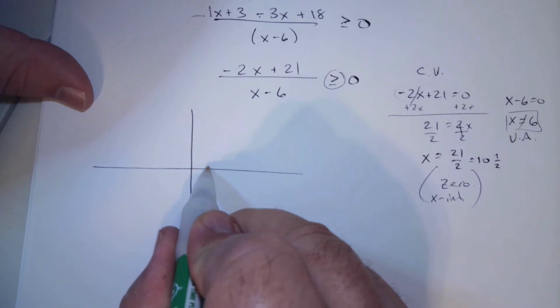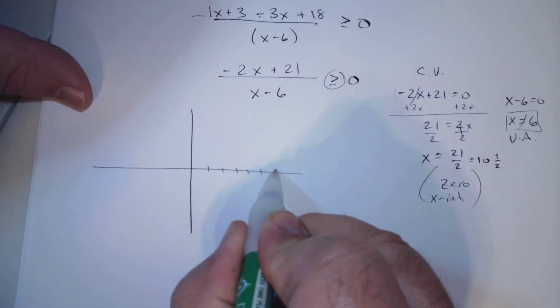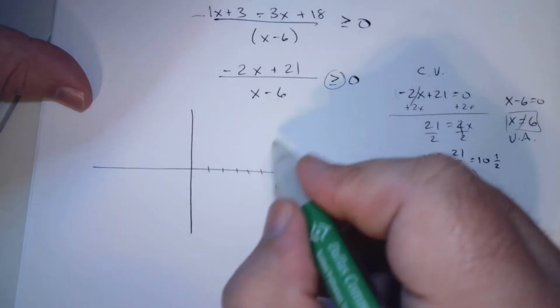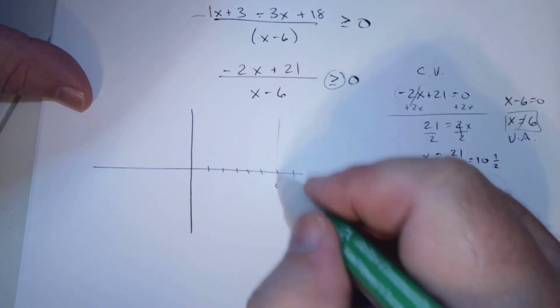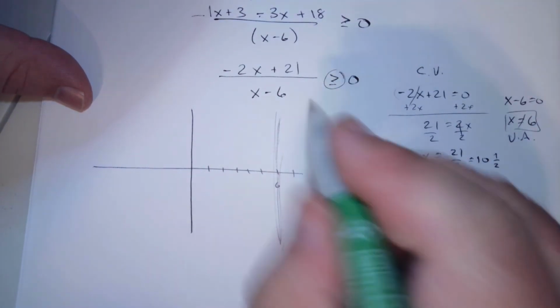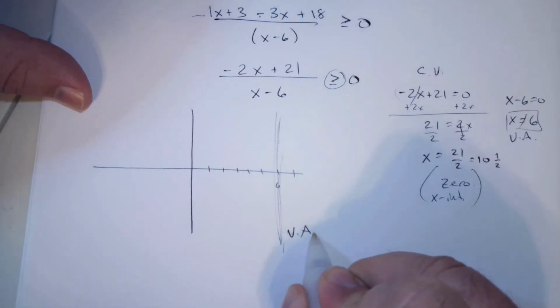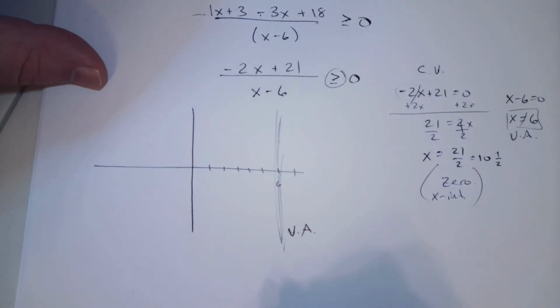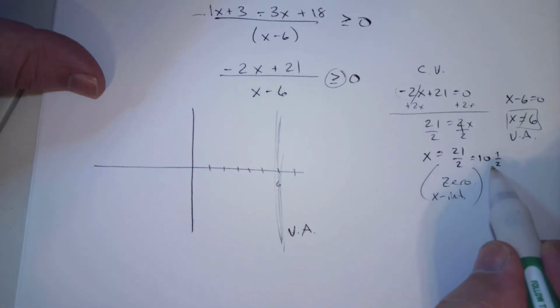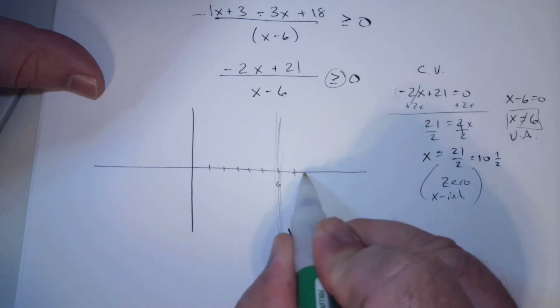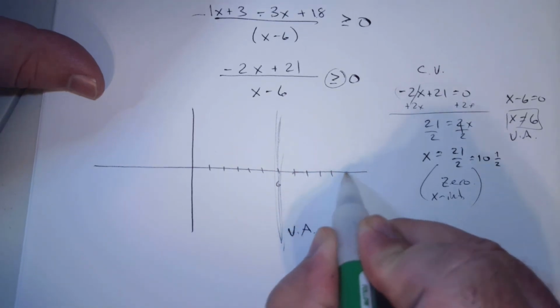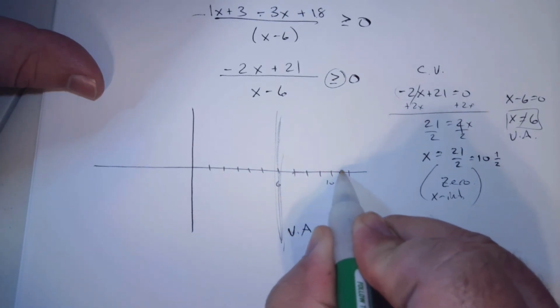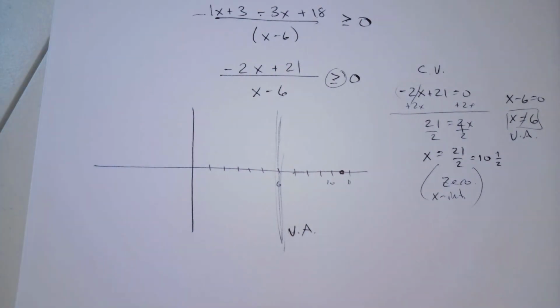So at positive 6, 1, 2, 3, 4, 5, 6, I have a vertical asymptote. And I have a 0, 7, 8, 9, 10, 11, at 10 or 21 over 2.